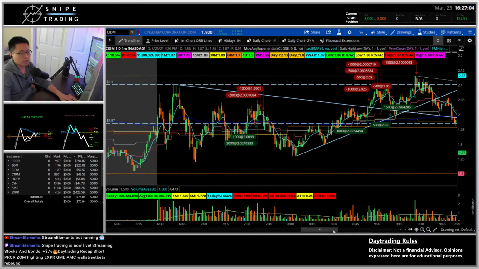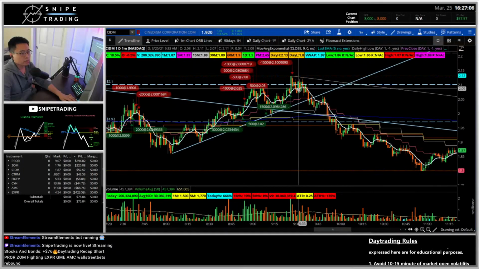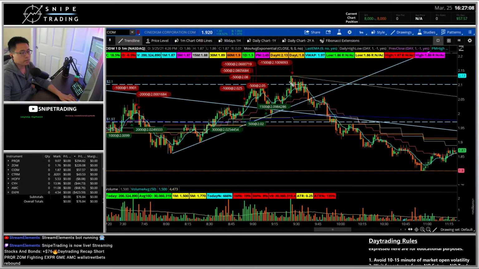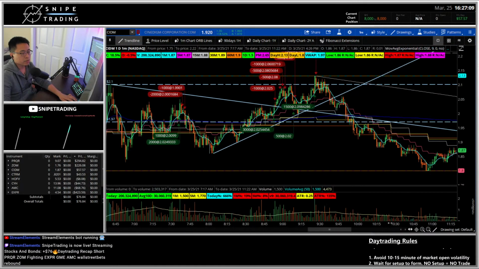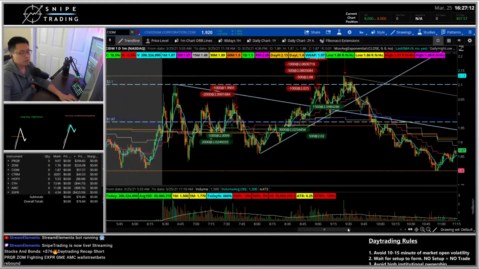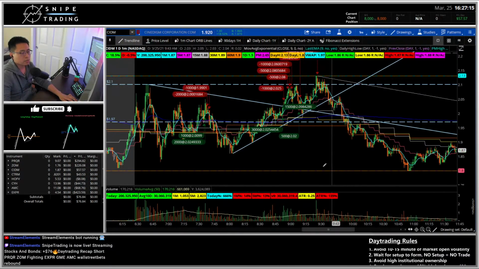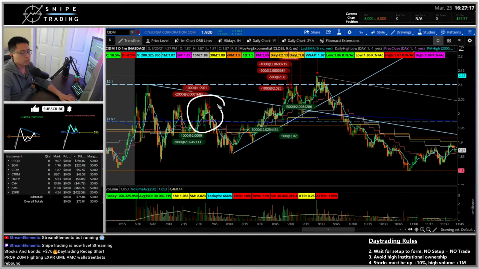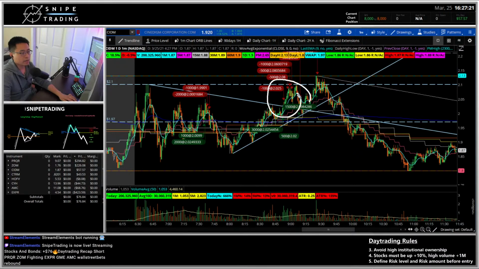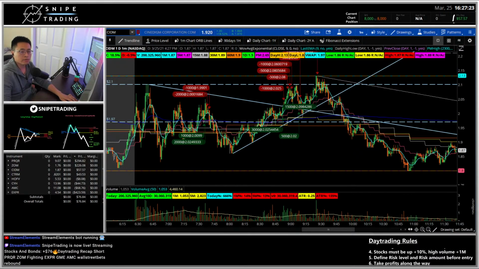And then I end up buying for another breakout here for break even, and then I think this was, yeah, so I end up taking a loss here, and then made it back on this break for a total of $57 on the CIDM.